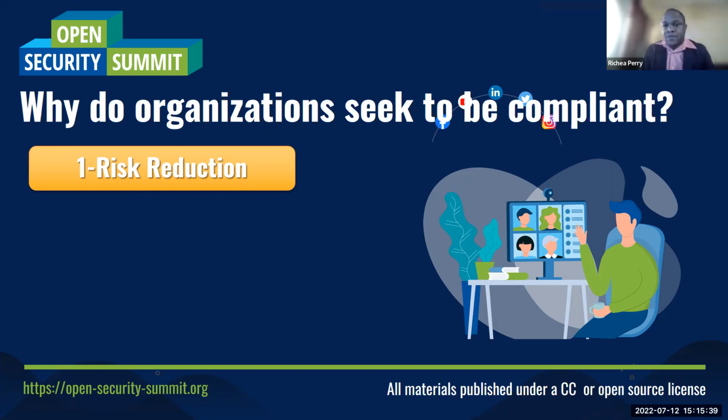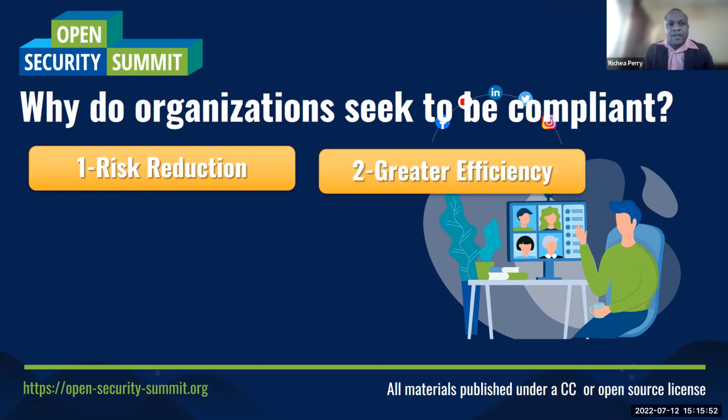An example of this is all the compliance requirements within an organization for, let's say, backing up critical data. The second reason organizations seek to have systems in place that help them to meet compliance is for greater efficiency, right?